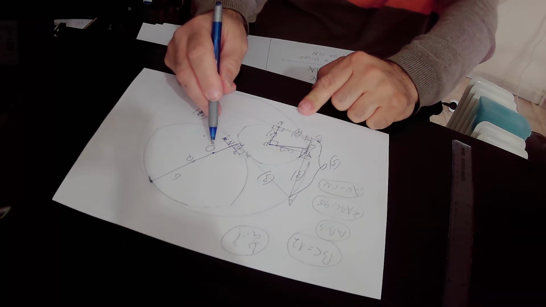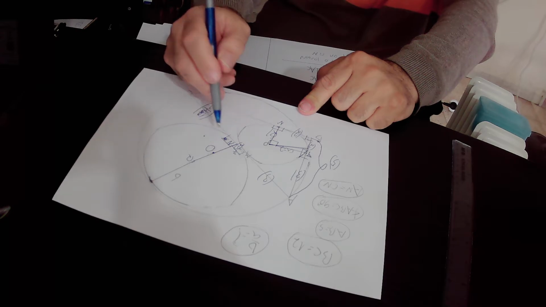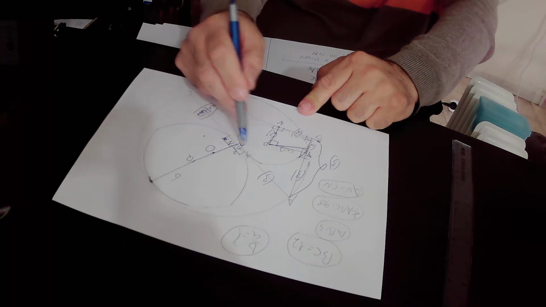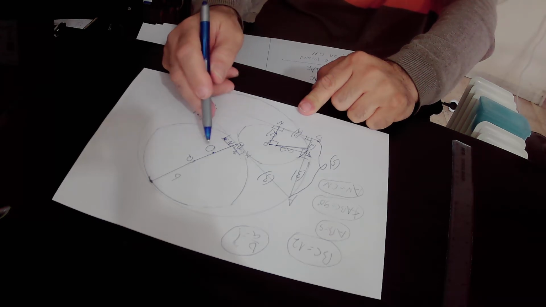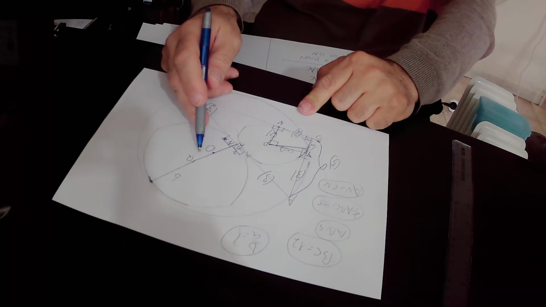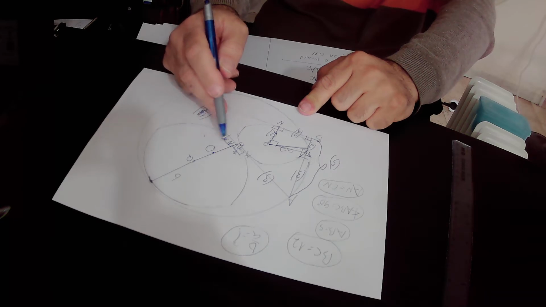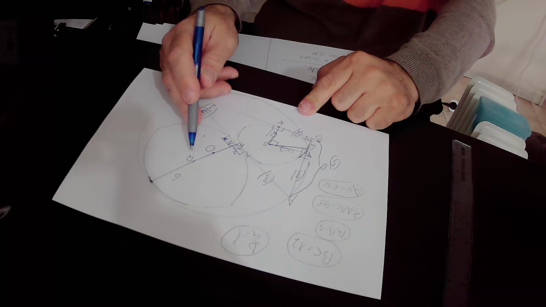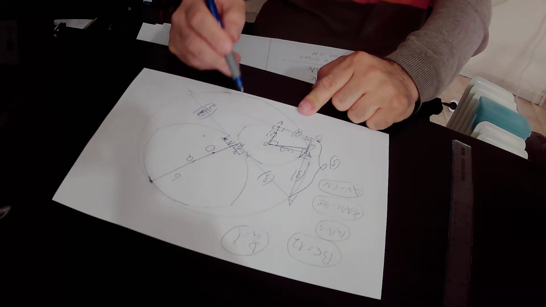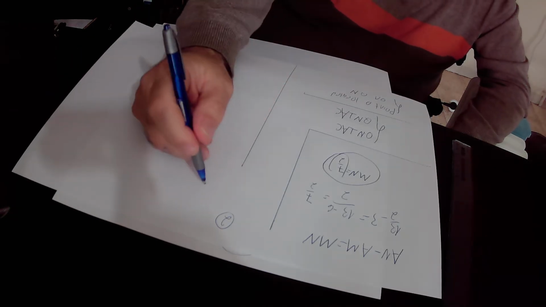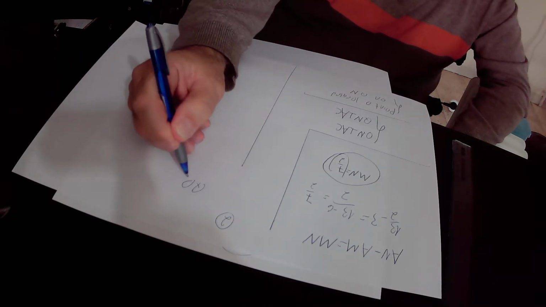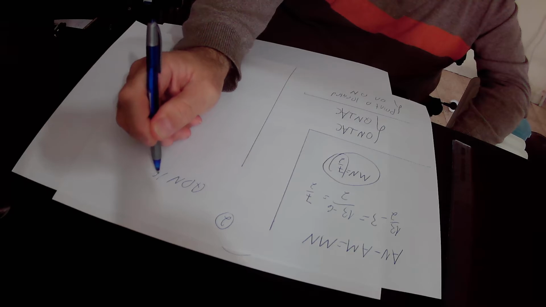Point O must be located on QN in order that ON will be perpendicular to AC. So point O must be located on QN, and therefore all three points Q, O, and N are located on one straight line. That is to say, QON is one straight line.